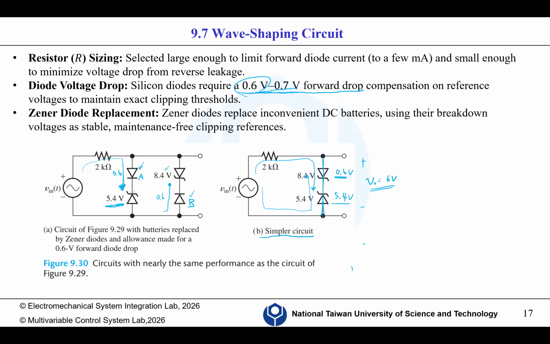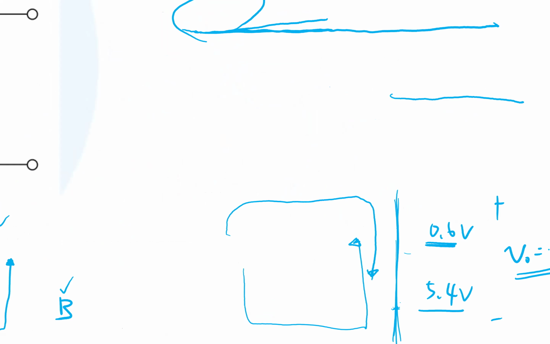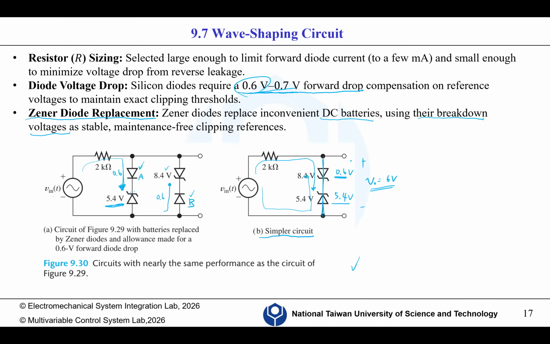So this is the Zener diode replacement: we use Zener diodes to replace the DC batteries or DC sources, and we take advantage of their breakdown voltage. This is the clipper circuit.